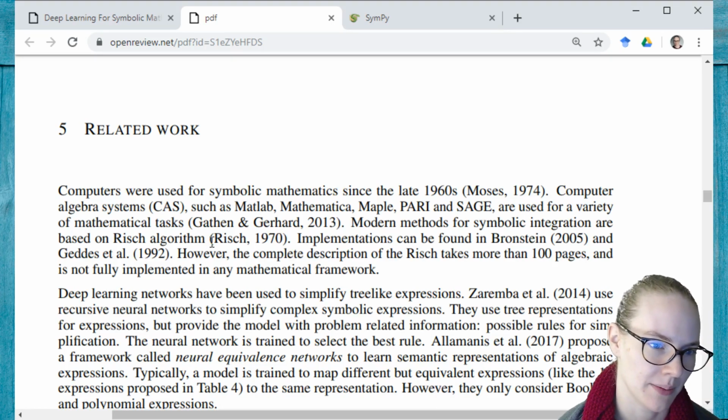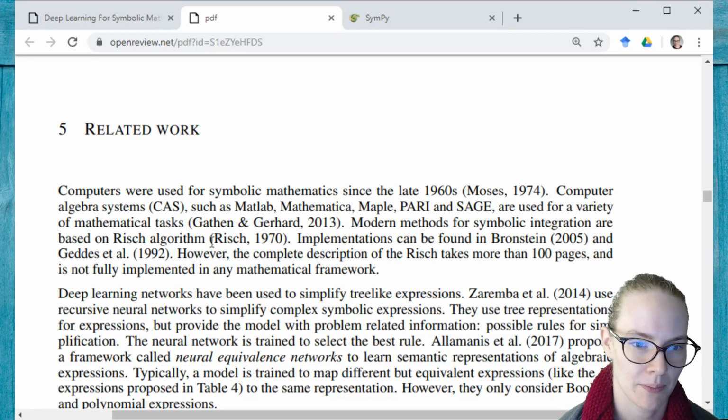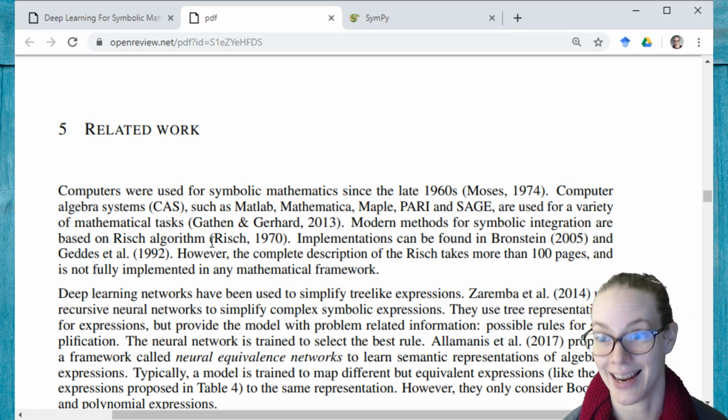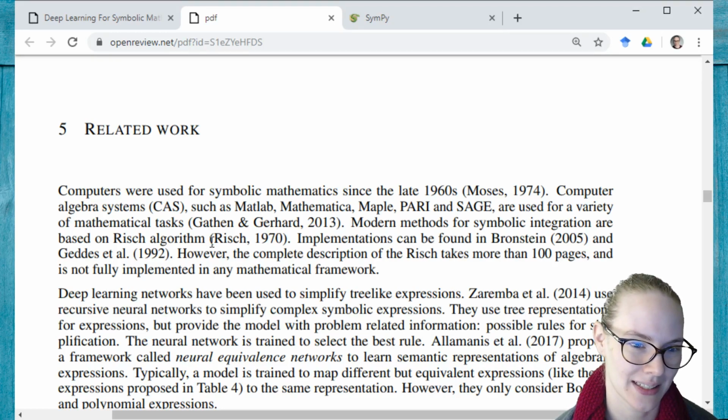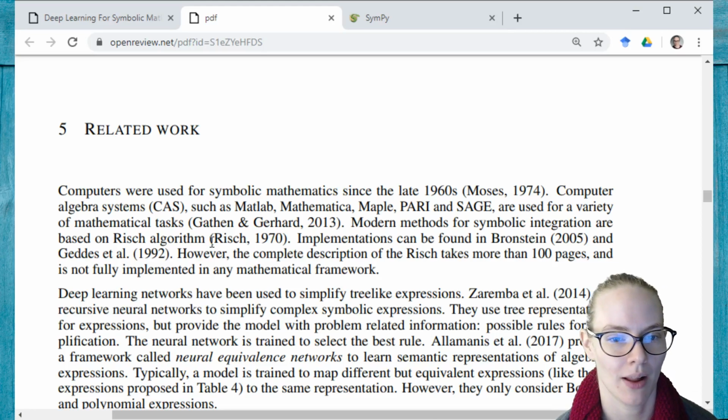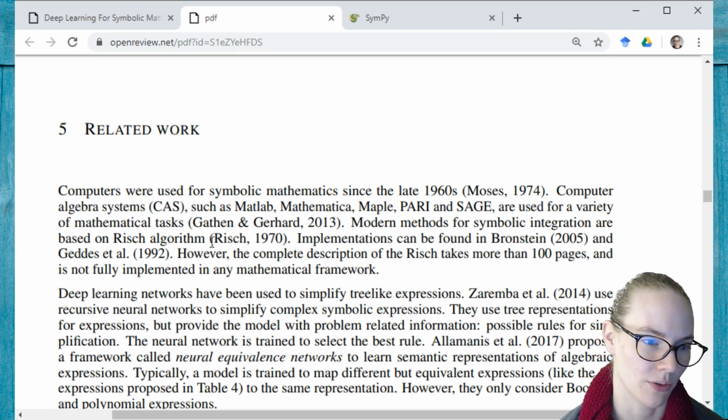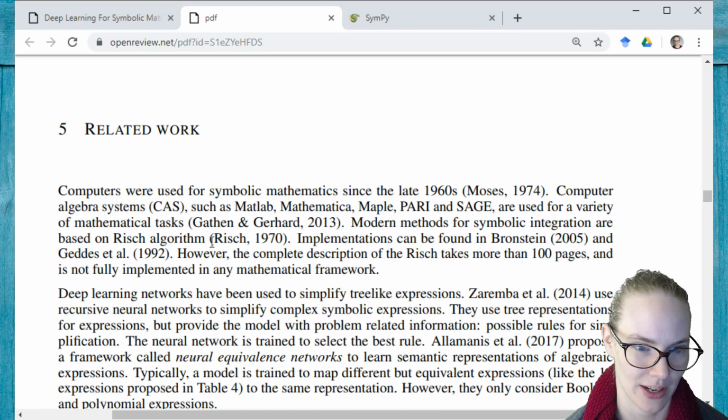Computer algebra systems, CAS, such as Mathematica, MATLAB, Maple, Pari, and Sage, I have heard of, are used for a variety of mathematical tasks. Modern methods for symbolic integration are based on the Risch algorithm, Risch 1970.